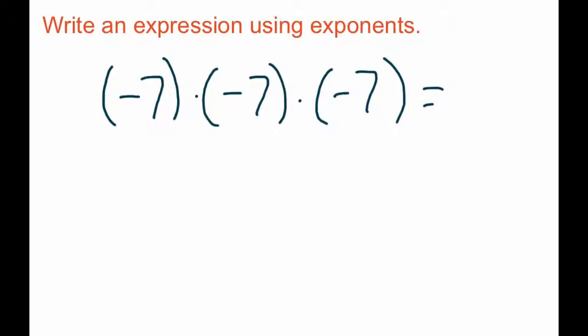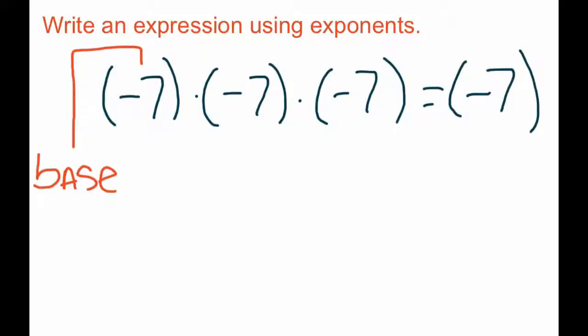Let's start an example. We are going to write an expression using exponents. The first step is to find our base. In this example, our base would be -7 because it is our common factor. So we would rewrite our base as -7. The next step is to find our exponent.